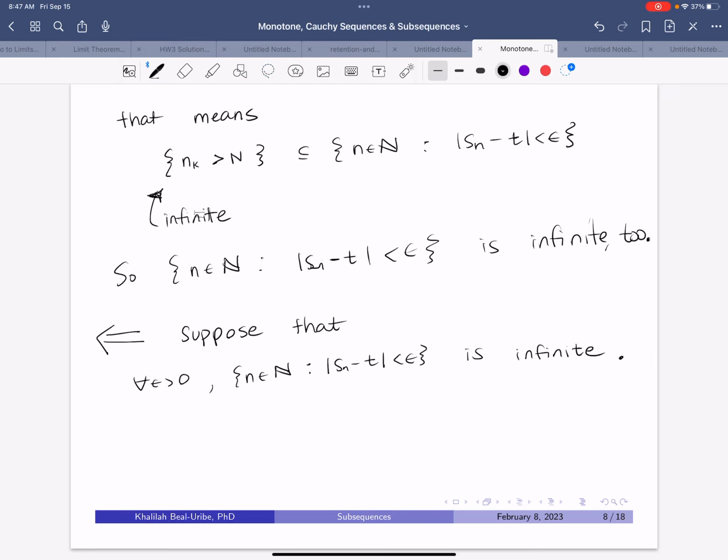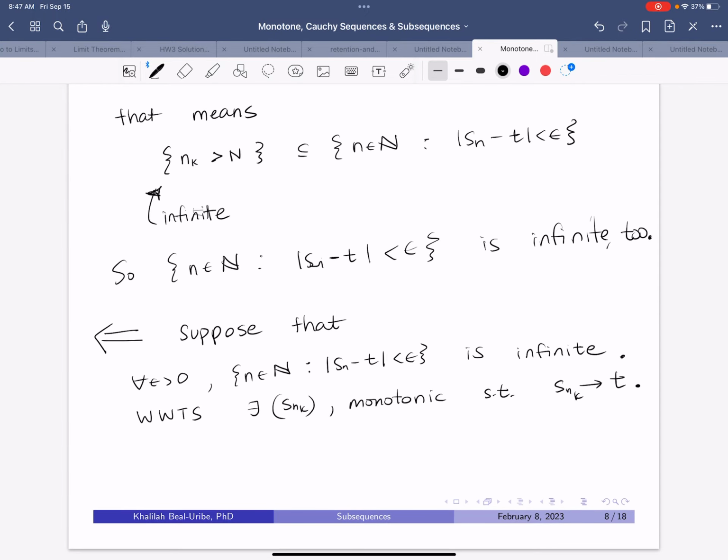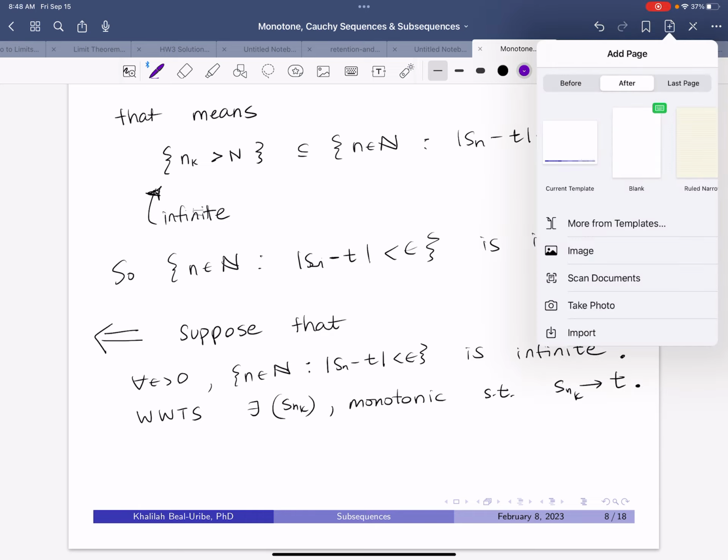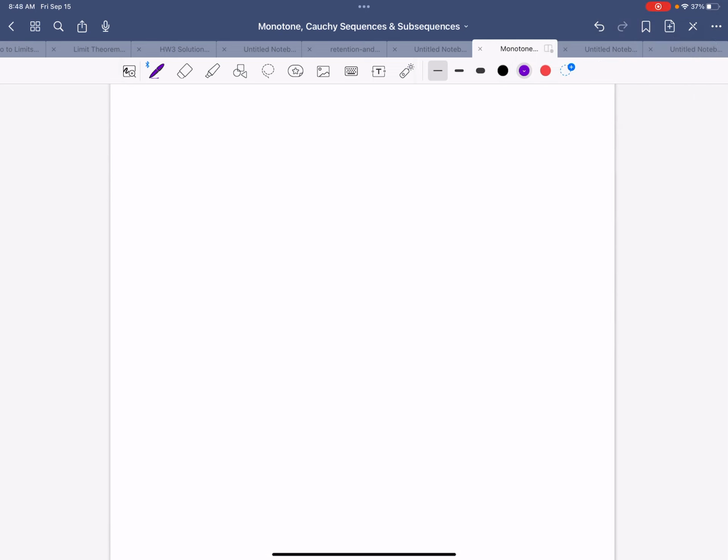We want to show there exists Snk monotonic such that Snk converges to T. Okay, so how are we going to do that? Let's just see if we kind of believe it.